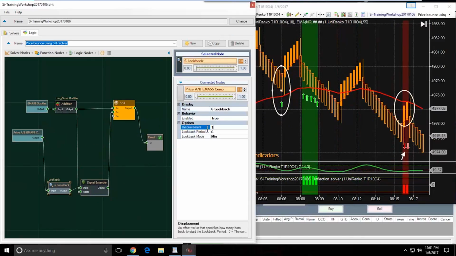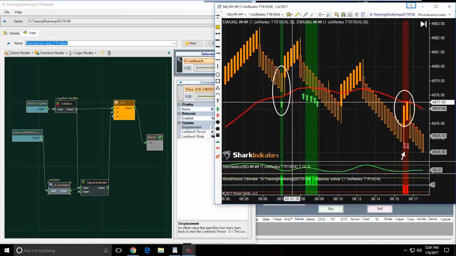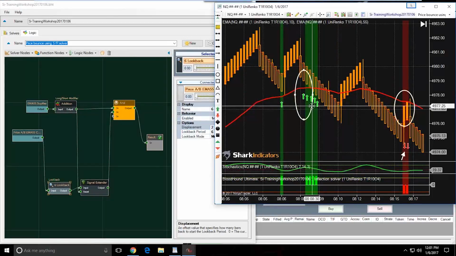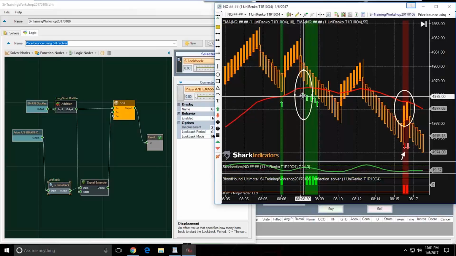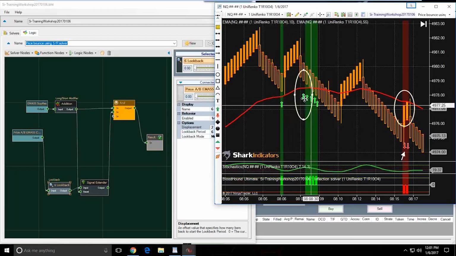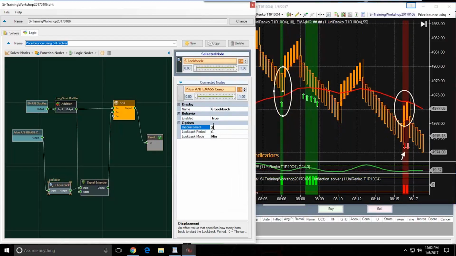Maybe I can cheat and just set my displacement to 2. That doesn't work, because then I'm missing the first bar where we could get a possible bounce on this first bar here. That's why I couldn't use a displacement of 2.